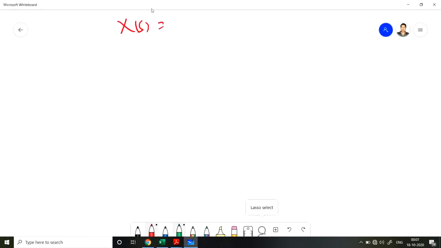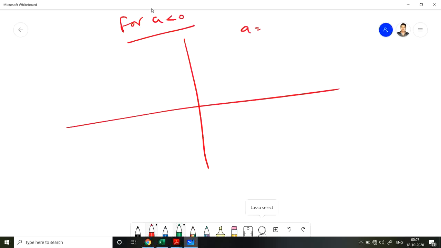Now if we take a less than 0, then what is happening? Let us take any value. So let us take a equals minus 1. So real part of s greater than minus a means it is greater than 1.